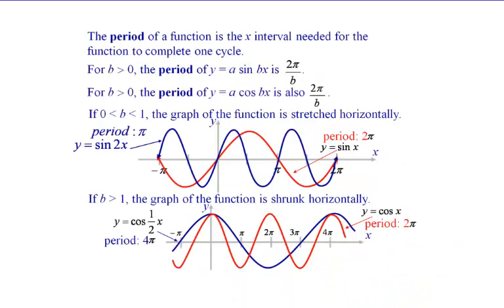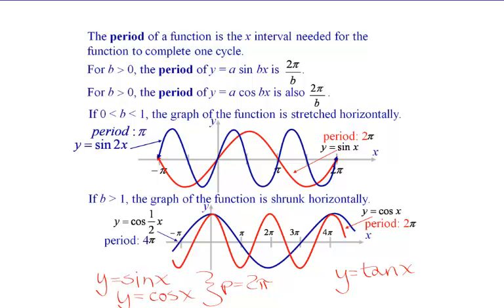So the period of our trig functions can change. We have parent functions for sine and for cosine, and we know the period for those two parent functions is 2 pi. In other words, the graph repeats every 2 pi along the real input x variable horizontal axis. For tangent, we've already discussed that we know the period is pi.